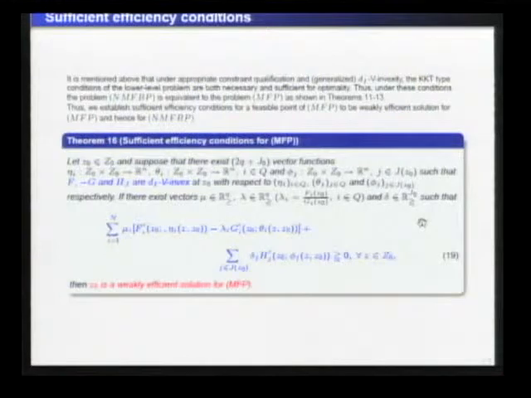The following theorem gives us a sufficient optimality condition for a feasible point of MFP to be a weakly efficient solution for MFP, and under equivalence conditions, the point should be a weakly efficient solution of the problem NMFBP.